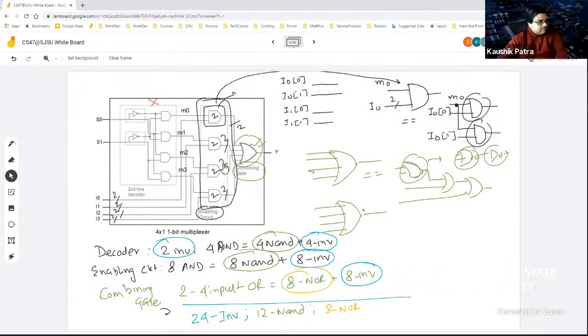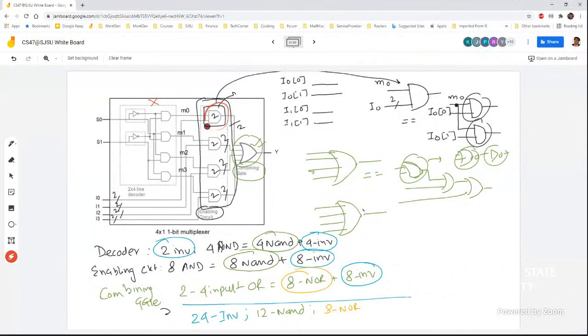So each of these AND gates will have a 1 bit; in this case it was 2 individual ANDs to cater that 2 bit. Now if it is extended to the 4 bit, that means this will be 4 ANDs, represented by each of these parts.